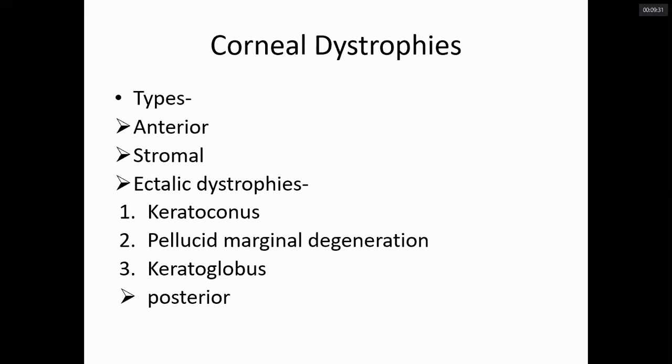In stromal dystrophies, the stroma undergoes dystrophy and causes opacity. There are also ectatic dystrophies like keratoconus, pellucid marginal degeneration, and keratoglobus. And there is also posterior dystrophy, where the endothelium is involved.